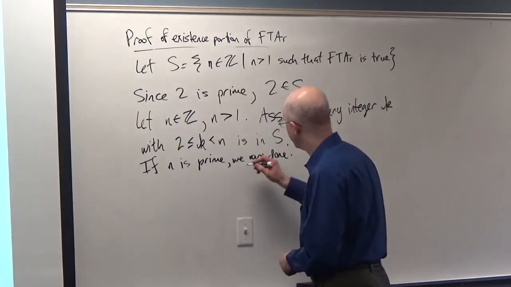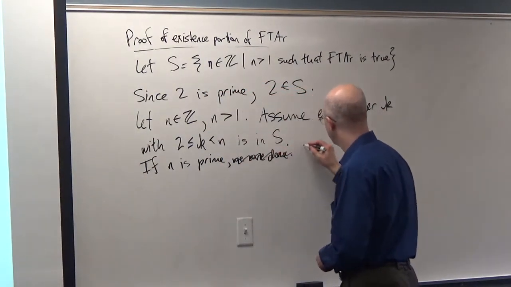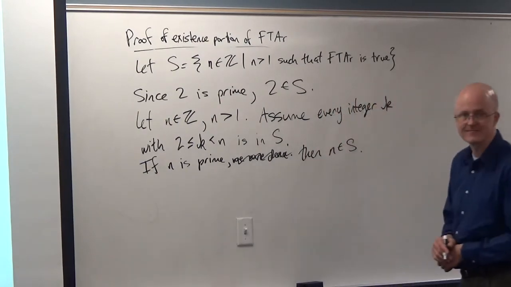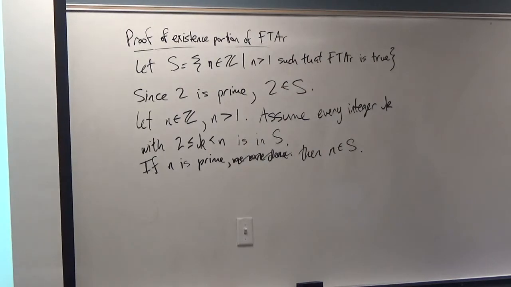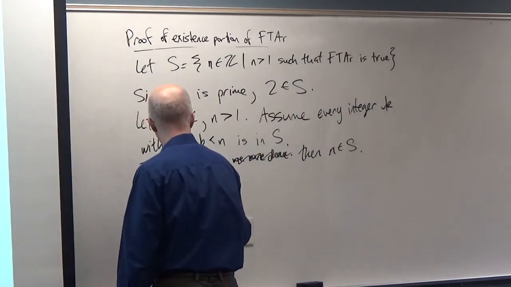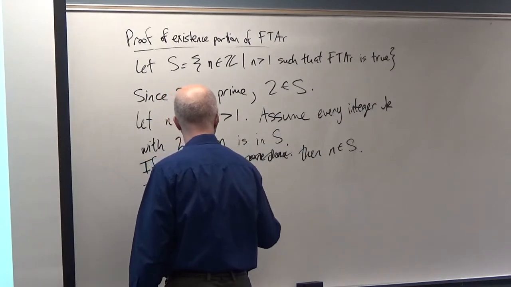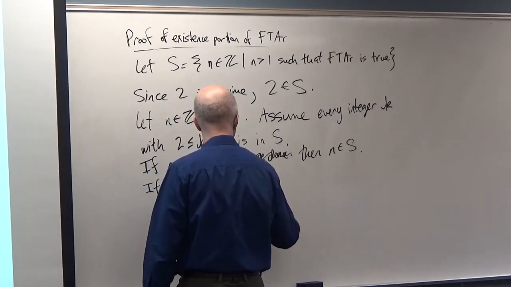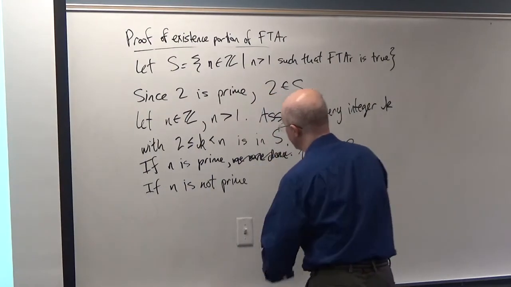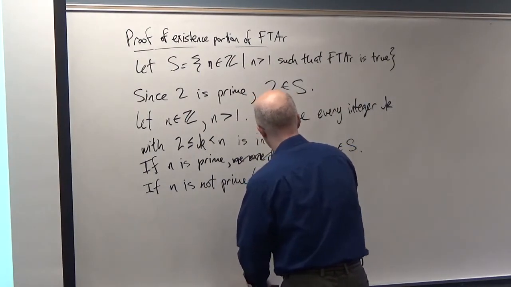Well, maybe I shouldn't say we are done. Maybe I should say it like this. Then n is in S. If n is not prime, it is composite. Doesn't need to be said, but you can put it in parentheses.